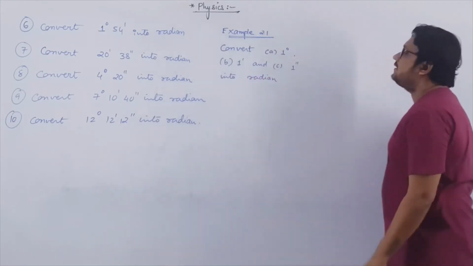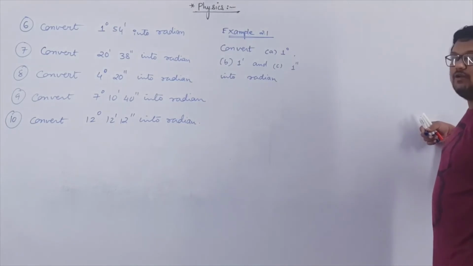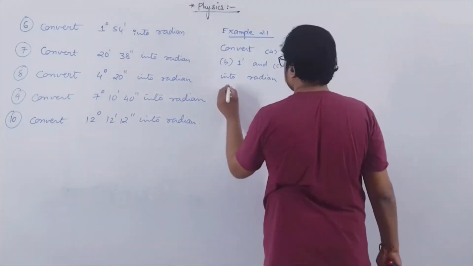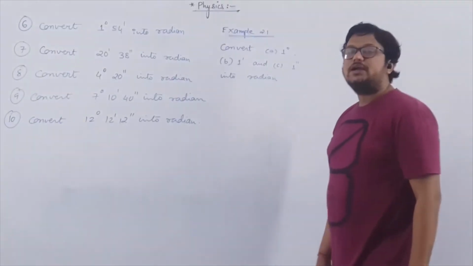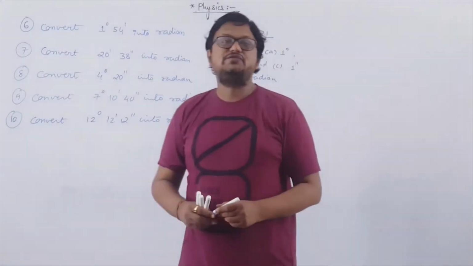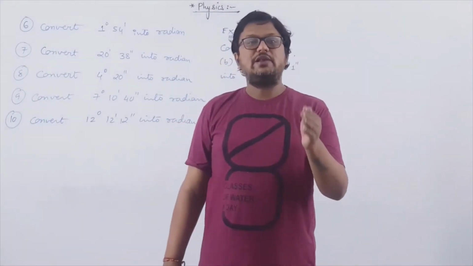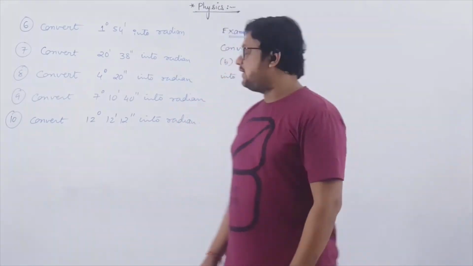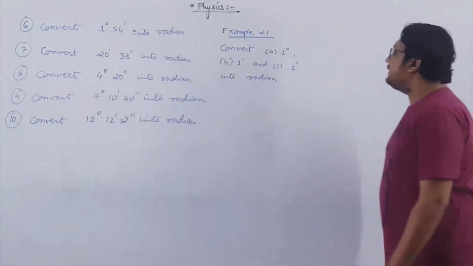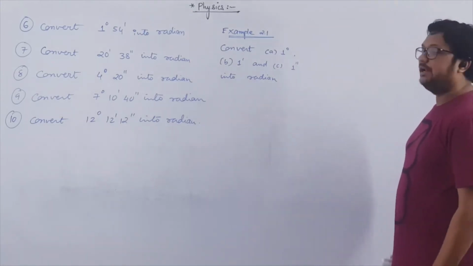Now we have already solved this kind of example in which we calculated the value of 1 degree, 1 minute and 1 second in radian. So a similar kind of example is to convert 1 degree, 1 minute and 1 second into radian.